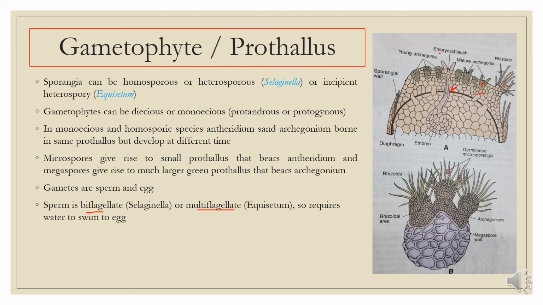Also, this is a picture where the archegonium is developed inside the megaspore wall, and the sporophyte is getting developed inside the megaspore only. So this is quite common in the pteridophytes.